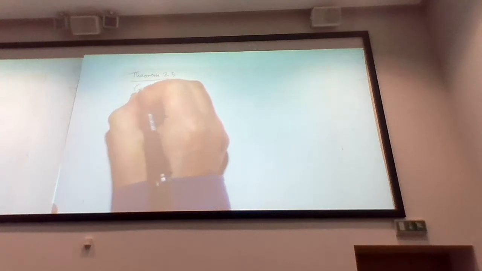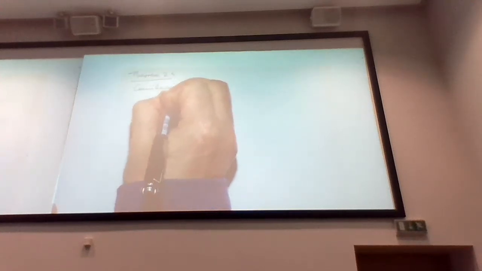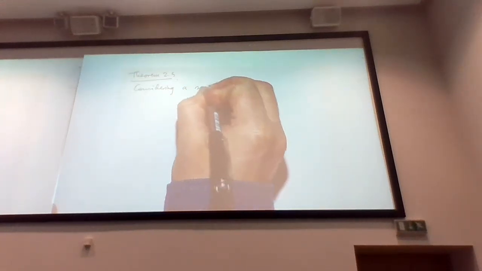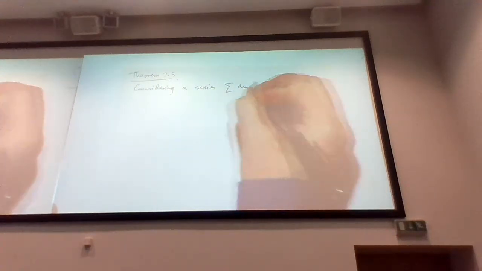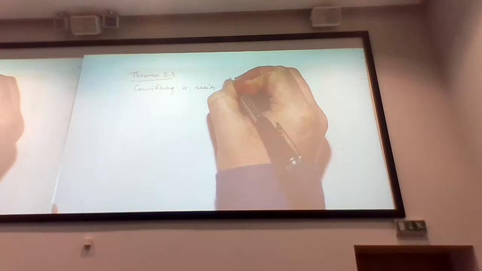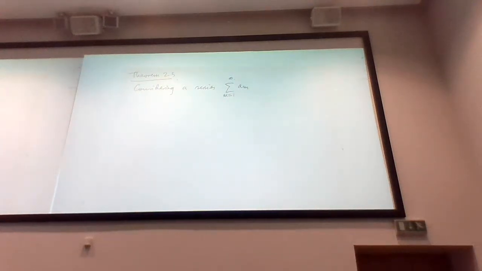So here we're considering a series. Now maybe just a time to sketch out the idea behind this proof. It's not done completely formally in the book, but it gets across the main idea.